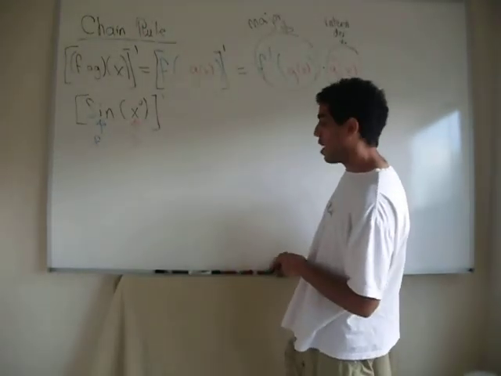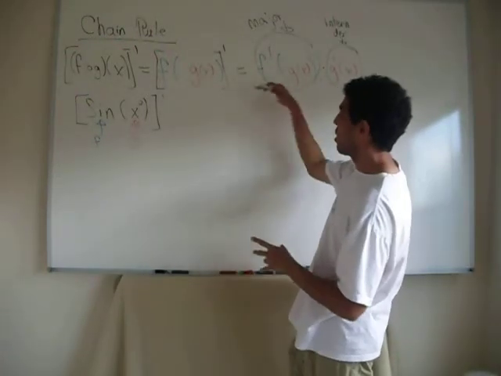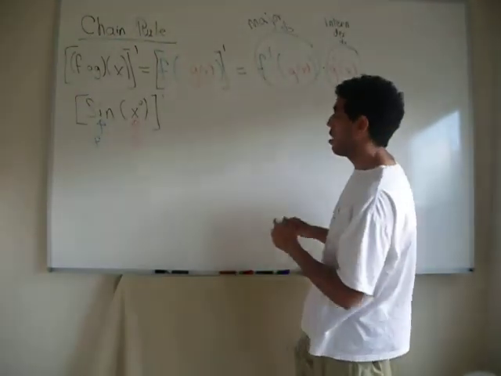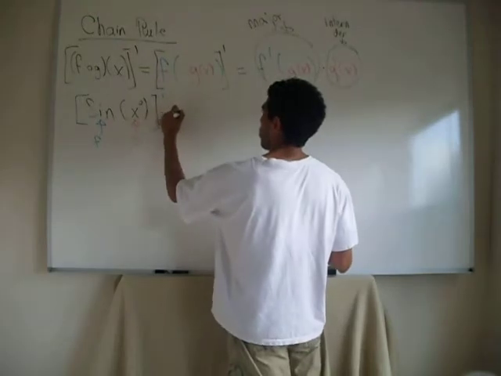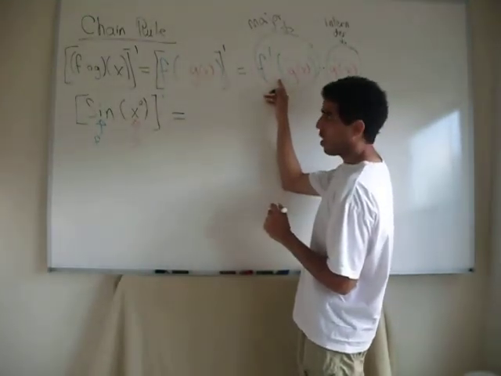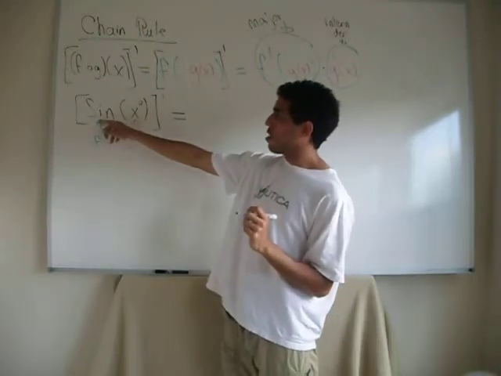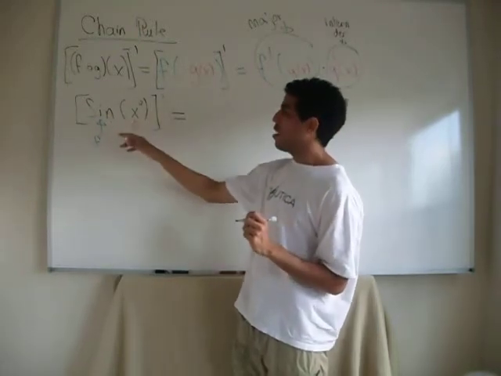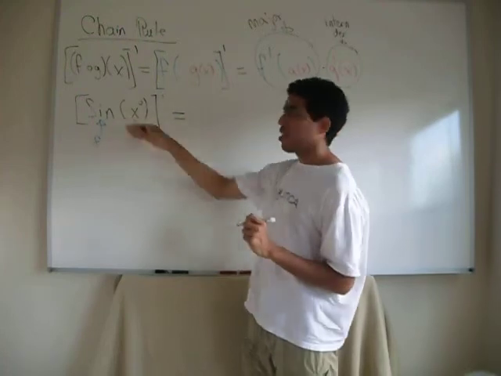So what we're going to do next is follow the rule. The derivative of a composition of functions is f prime. Which is f? Sine. What's the derivative of sine? Cosine.